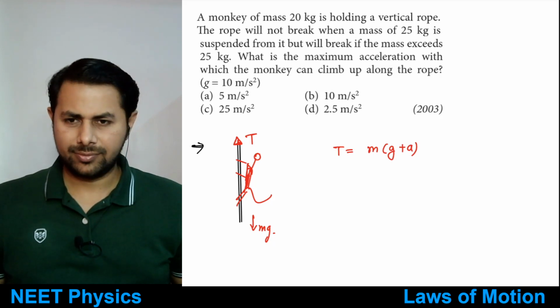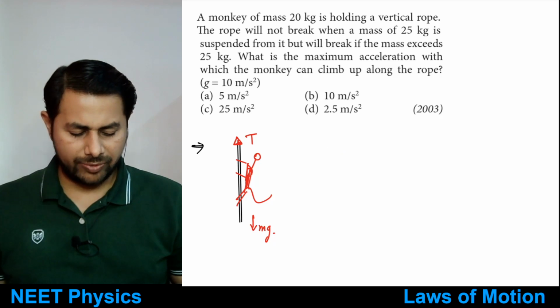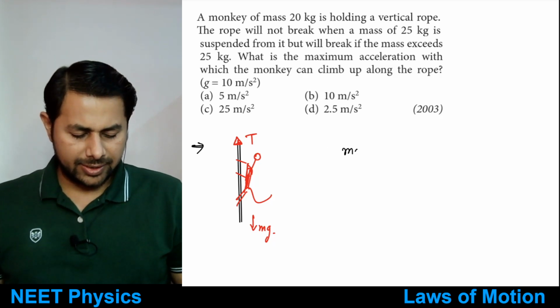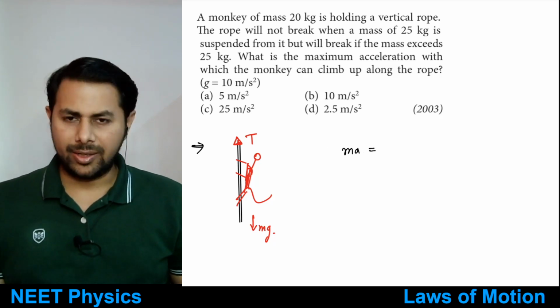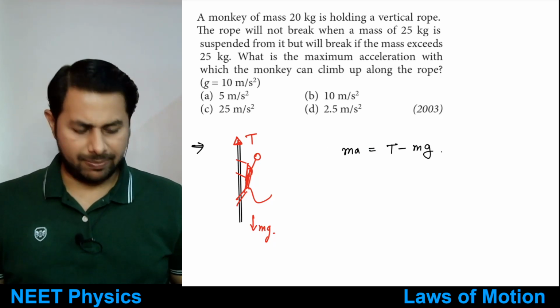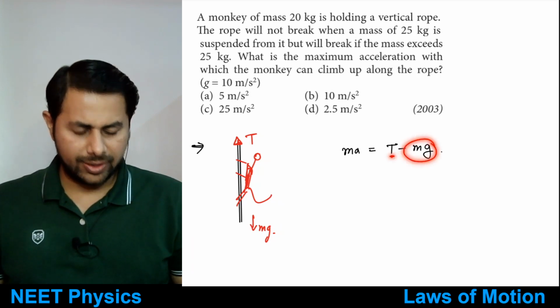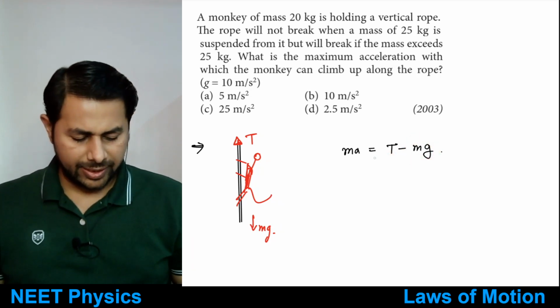We can just write down this formula, but if we don't remember, we can always say that he is accelerating upwards. So ma is equal to what? Upward force minus downward force, T minus mg. And very quickly we can find out that T is equal to ma plus mg, or you can take m common. So T is equal to m into (g plus a).